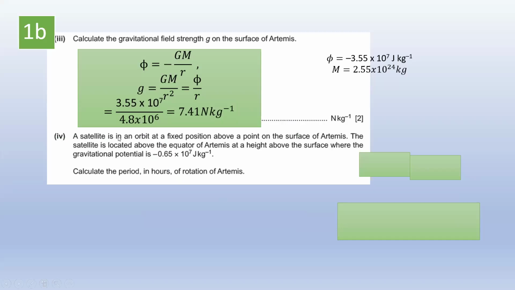A satellite is in orbit at a fixed position above the point on the surface of Artemis. The satellite is located at the equator of Artemis at a height above the surface where the gravitational potential is minus 6.5 times 10 to the power 7 joule per kilogram.